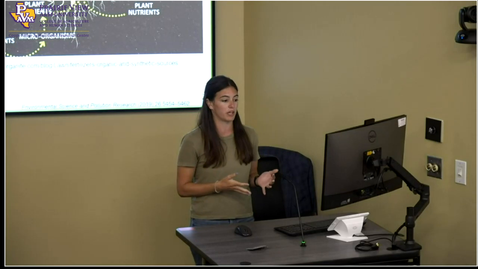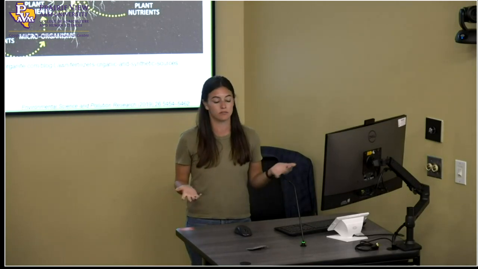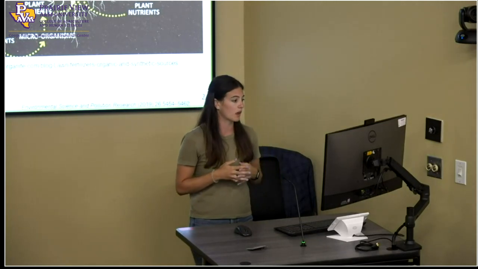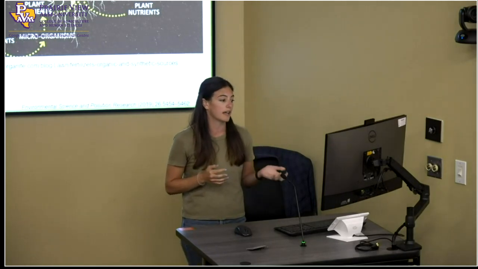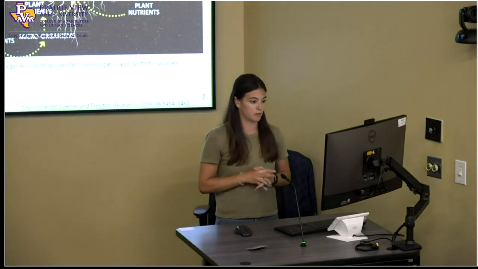Whereas synthetic fertilizers are made for the plant. They include what they want to include and don't include any elements that could be toxic. So some of these heavy metals and salts can affect the plant negatively and impact seed germination. So prolonged seed germination, cause them not to germinate, impact the growth of the plant.